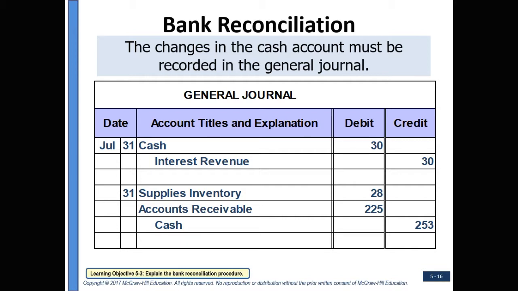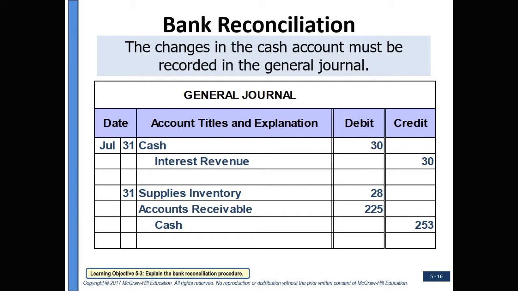Check number 781 error credited the supplies inventory account for $28 more than the credit should have been. And the NSF customer's check was returned by the bank, was initially recorded as a payment, and decreased the account balance by $225.